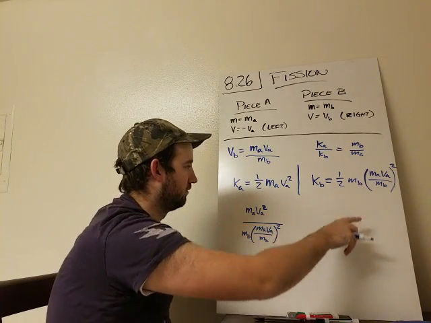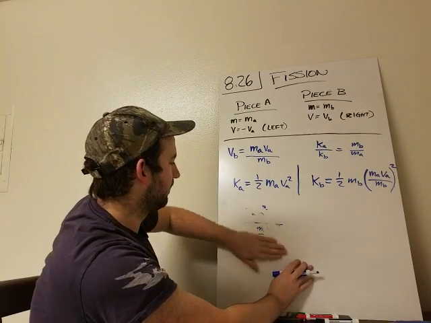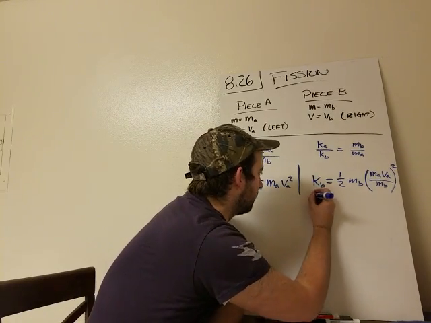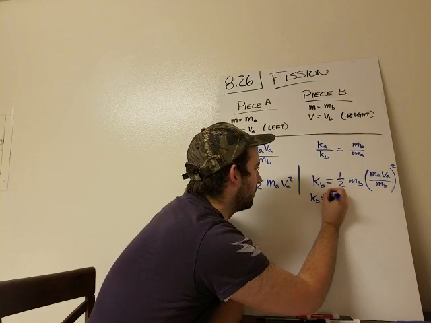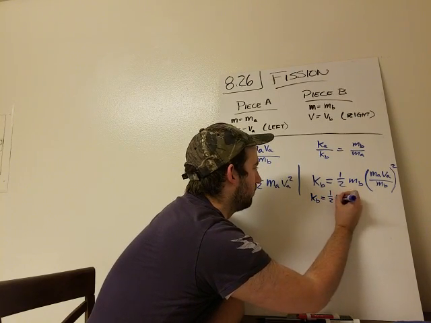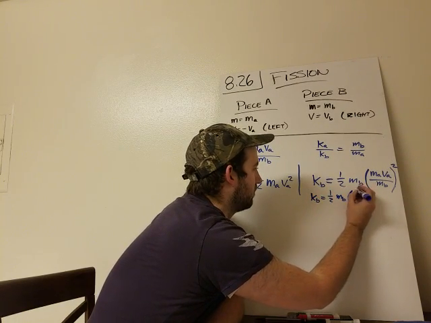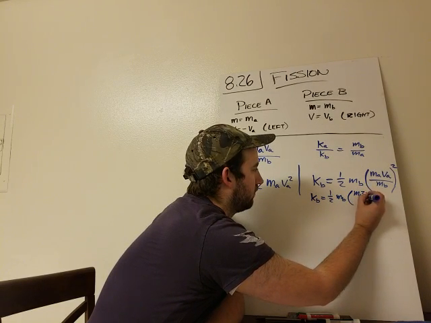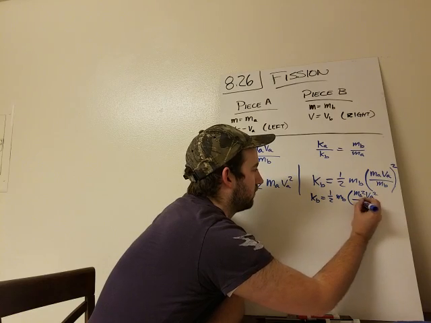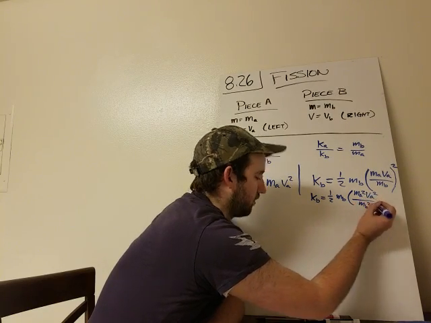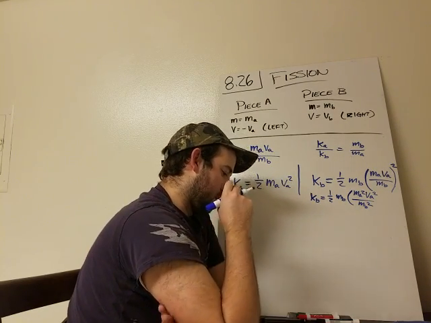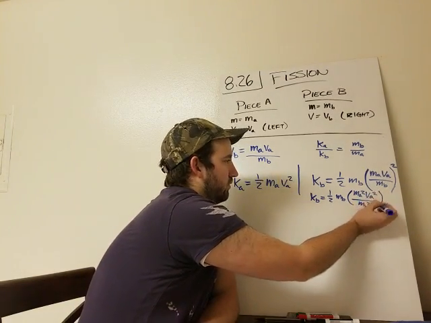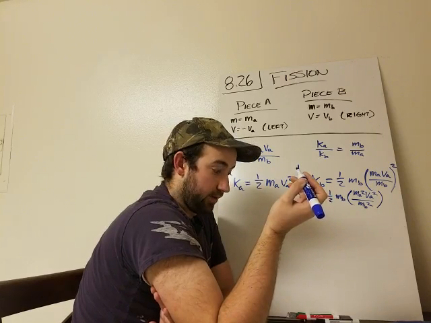In fact, let's go back a little bit. I've kind of got ahead of myself. So let's come over here. We'll get K sub B equals 1/2 m B times m A squared v A squared over m B squared. So all I did was distribute that squared.